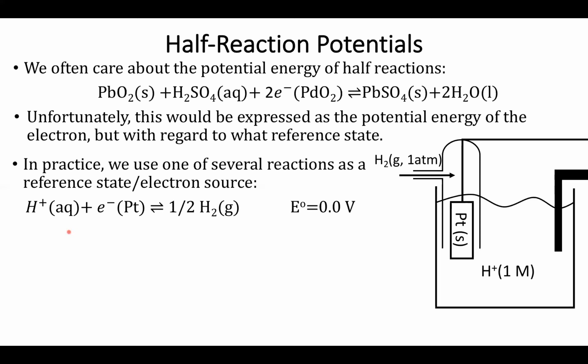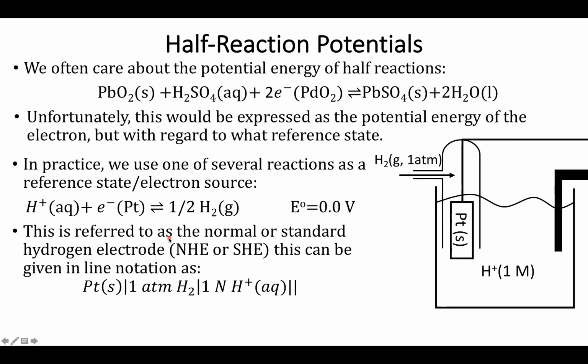But as we've seen before, concentration matters when I'm talking about potential. So we're going to say that this proton exists at a 1 molar, or more specifically, 1 normal state. So essentially, whatever proton concentration is represented by a 1 normal solution.